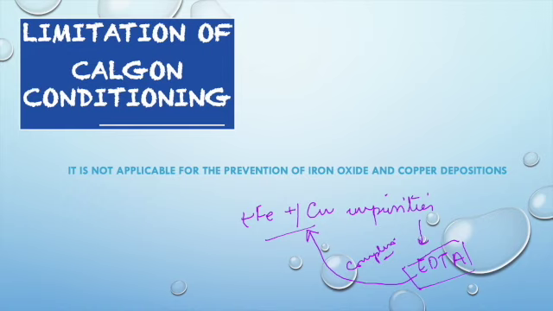In this method, the problem-causing cations are converted into EDTA metal ion complexes, which stay in the dissolved state. In other words, these are soluble complexes. They stay in dissolved form in water, so they do not cause any harm. That's how this limitation of Calgon conditioning can be overcome.